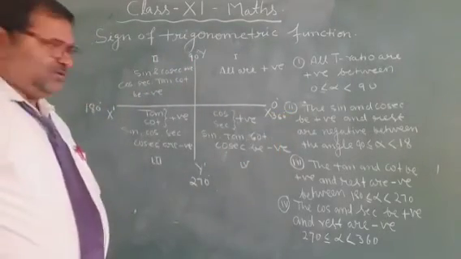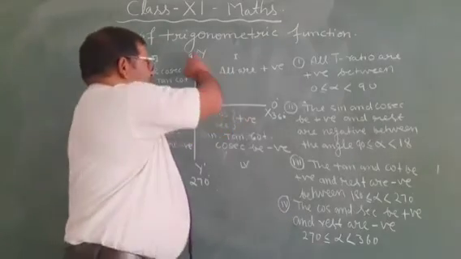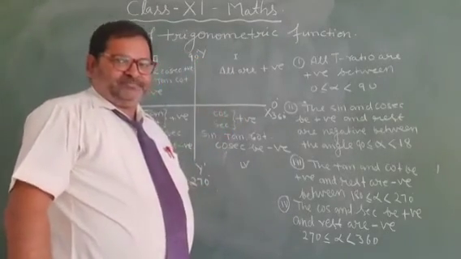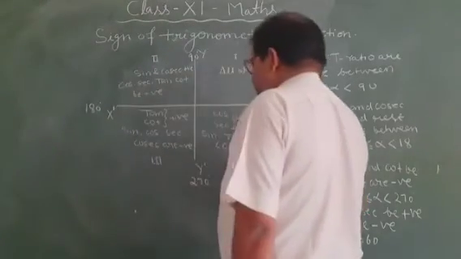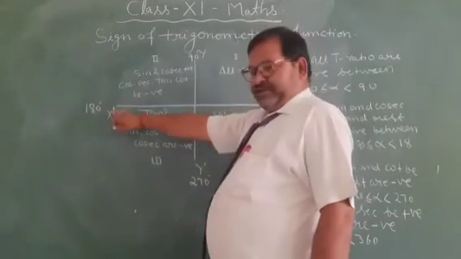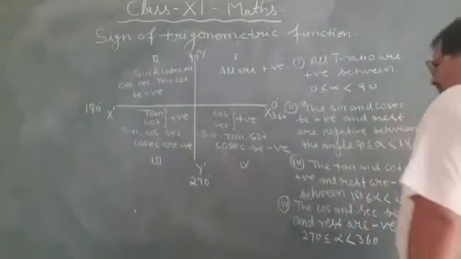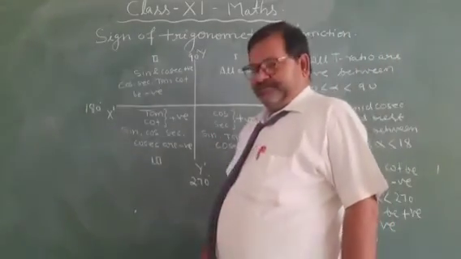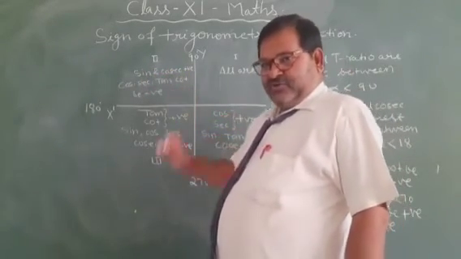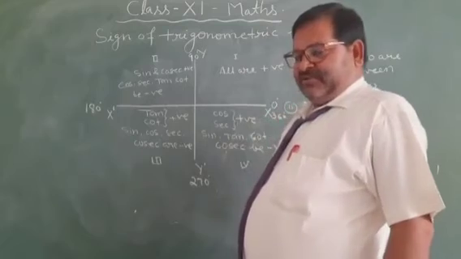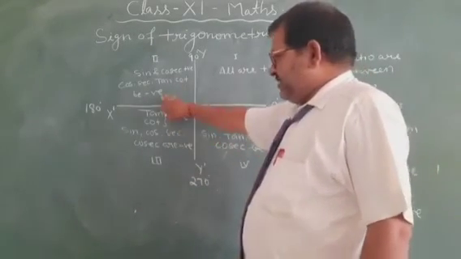So all the trigonometric ratios between 0 to 90 be positive. And angle 90 to 180, the sine and cosec be positive and the rest of the trigonometric functions be negative.